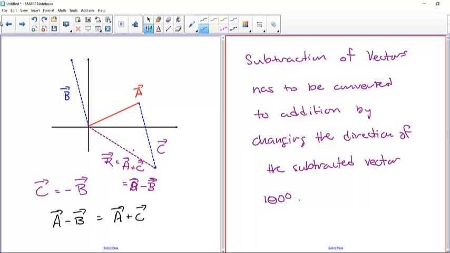Okay, so that's addition and subtraction. To subtract, take the original vector that you're subtracting, keep the same length, change the direction to the opposite direction, 180 degrees, and then add the first vector with the additive inverse of the second vector.